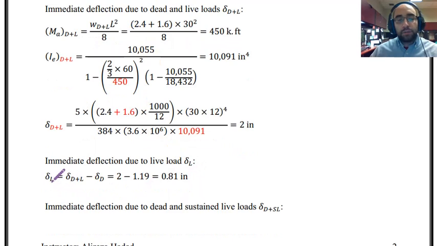So now I can calculate the immediate deflection because of live load by subtracting the immediate deflection because of dead load from this value that is shown over here, and then you can see the remaining is equal to 0.81 inches, and that is the immediate deflection because of live load.